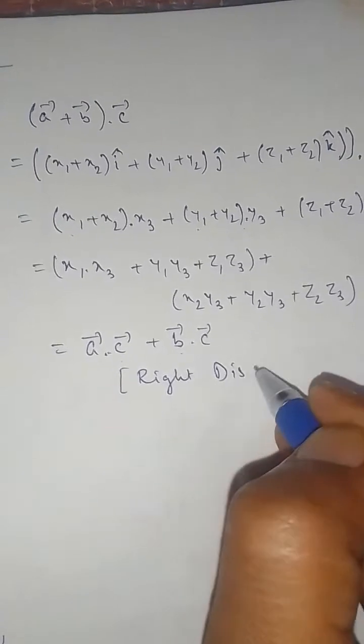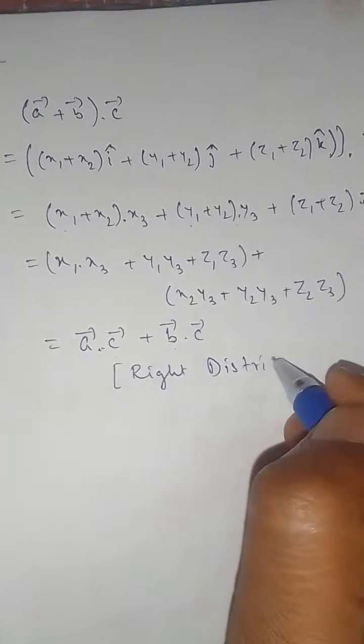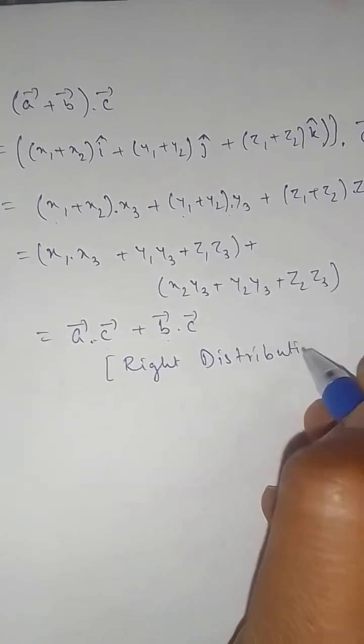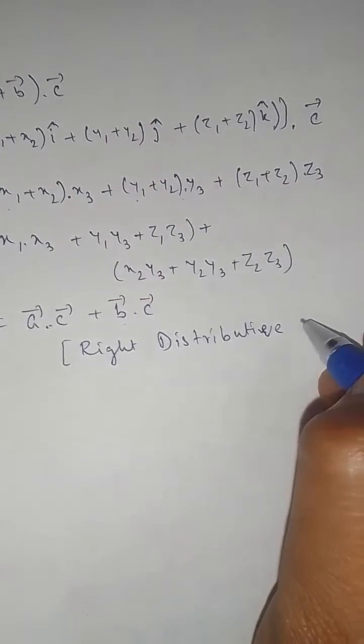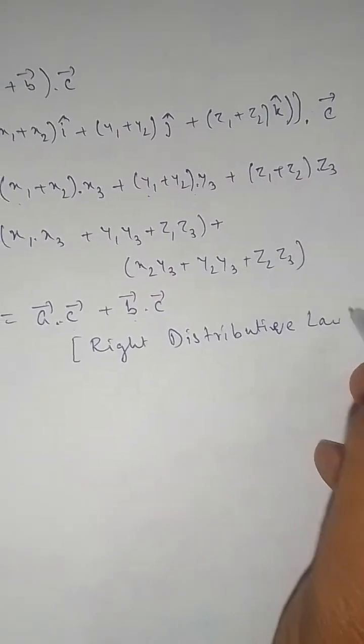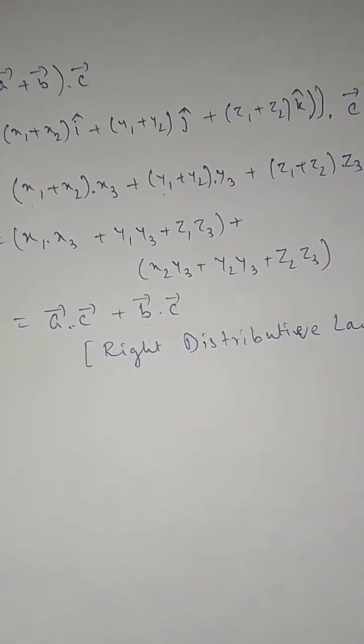So it satisfies the right distributive law also. So overall, scalar dot product satisfied the distributive law.